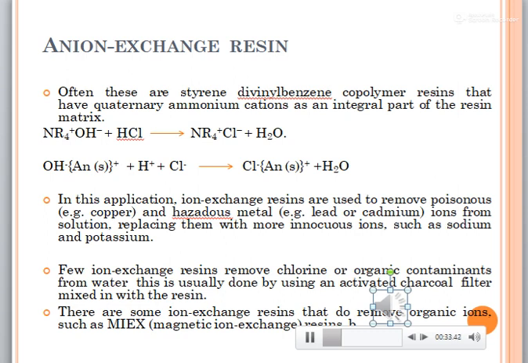Anion exchange resins themselves have a positive charge, as this equation represents: the anion exchange resin material, any type of copolymer which acts as a resin material, has the positive charge, and the exchange of hydroxyl ion with the chloride ion takes place and removal from the water takes place.